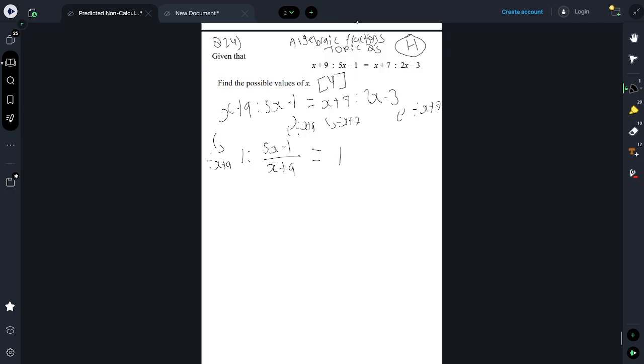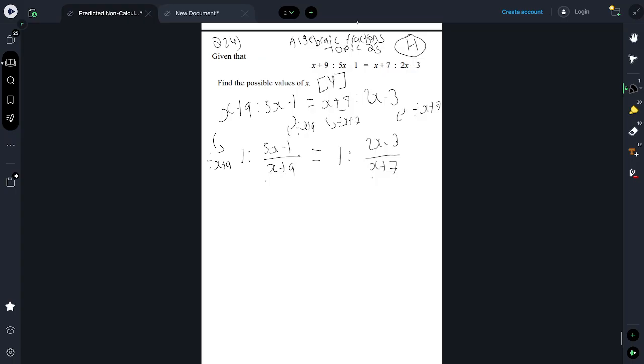So we get 1, and then 2x minus 3 over x plus 7. That is the process every single time. You want to divide by one of the numbers, values, expressions or terms in x, anything like that. Divide by the first term to get 1 to something. Same thing with the other ratio.